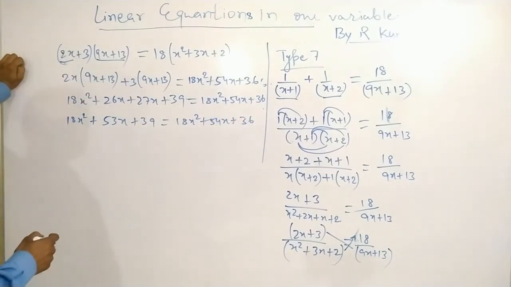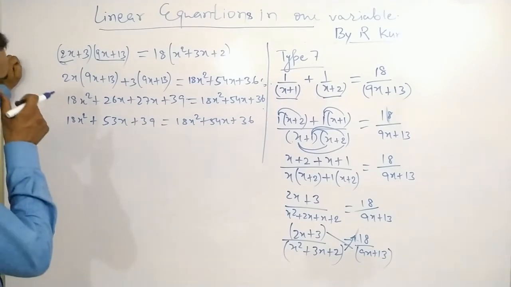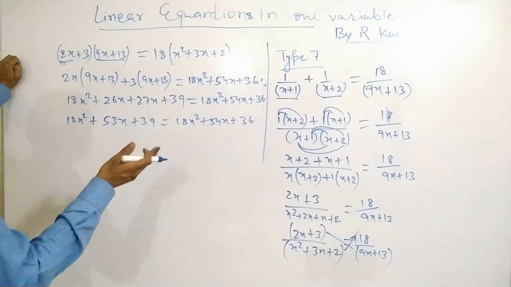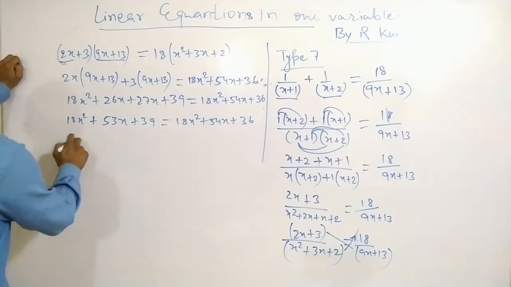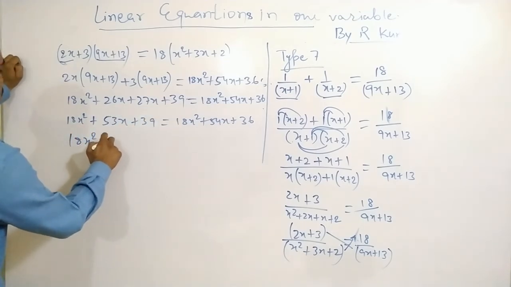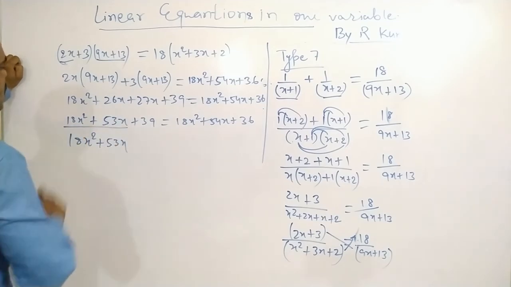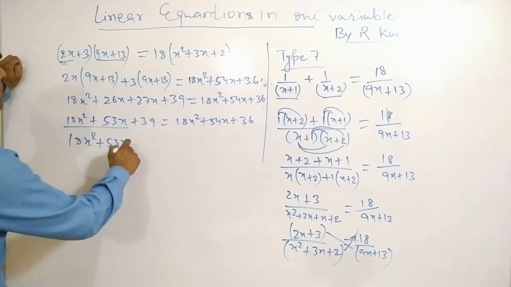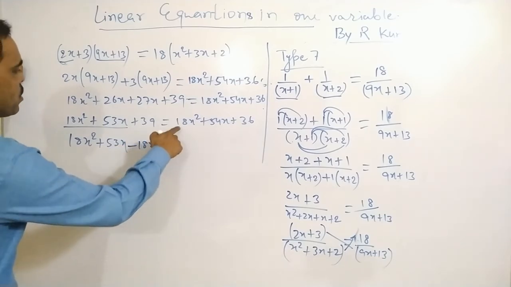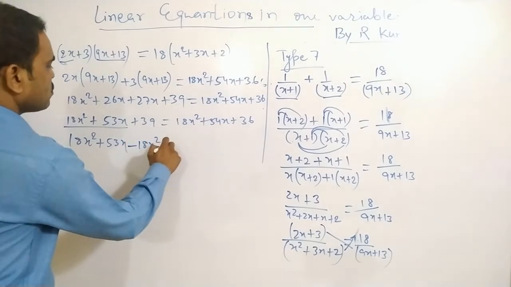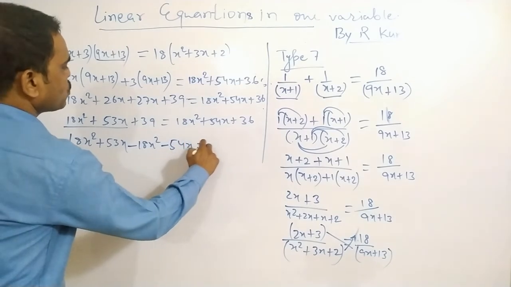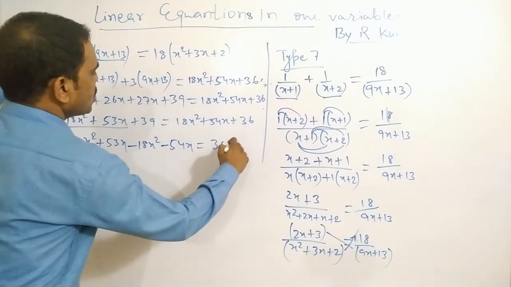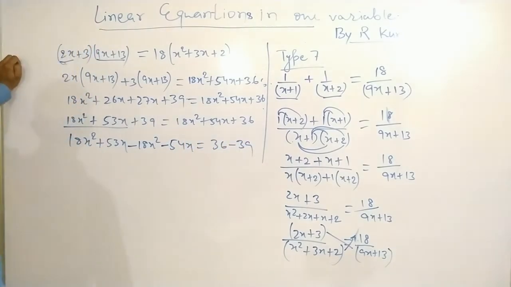Now, as I told you in all the questions that the variable or x related terms will keep one side and rest of the constant value will shift to another side. So 18x square plus 53x, it is with x only. Now we will bring the terms from that side only, minus 18x square because it is with plus, and this will be now 54x equals to 36 minus 39.